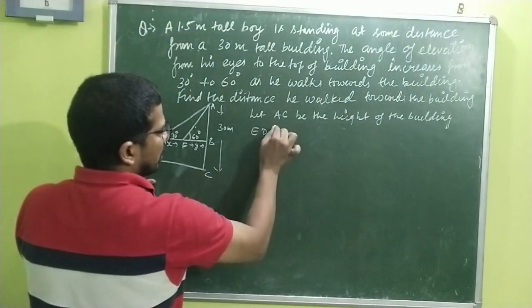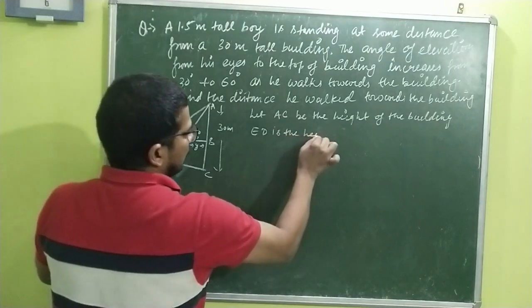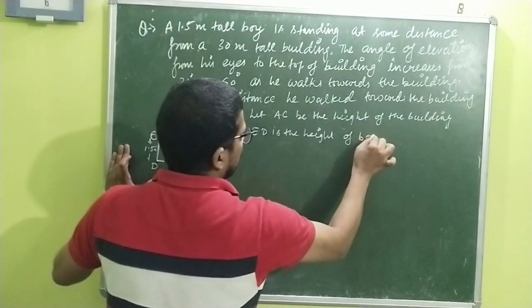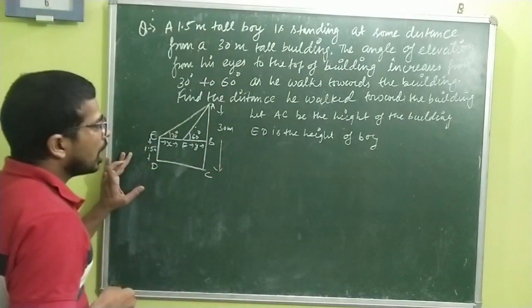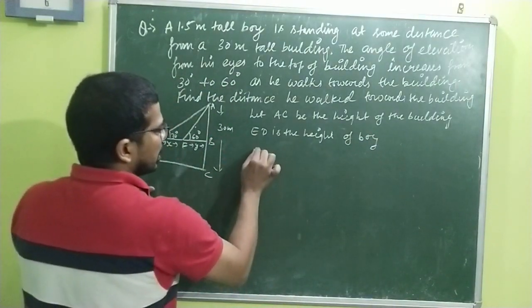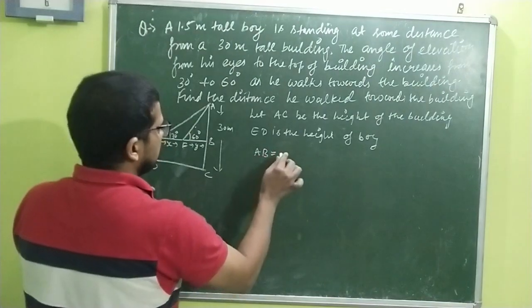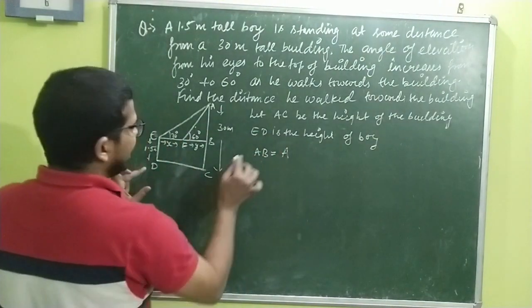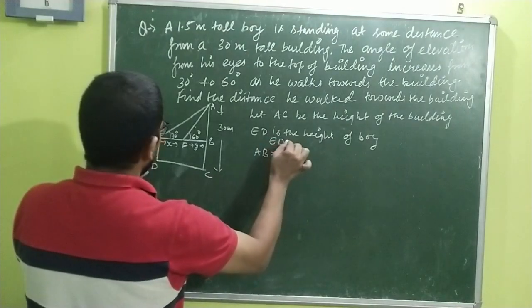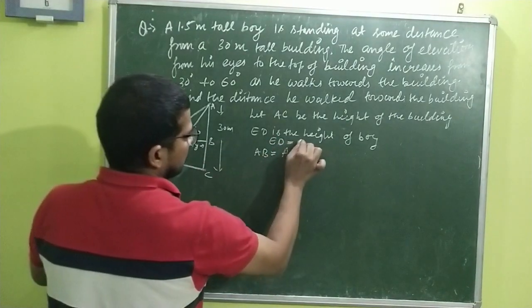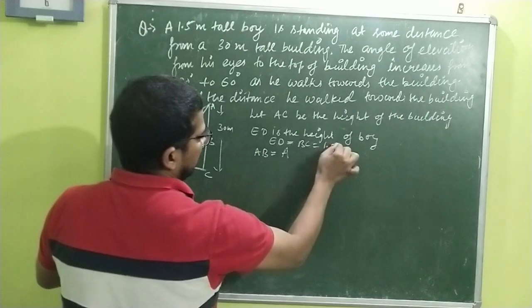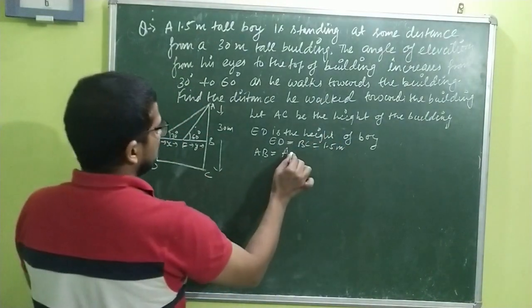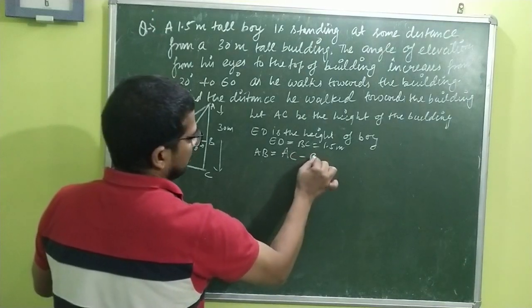ED is the height of the boy. Now AB will become what? AB will be equal to AC minus BC, and ED equals BC, which is 1.5 meter.